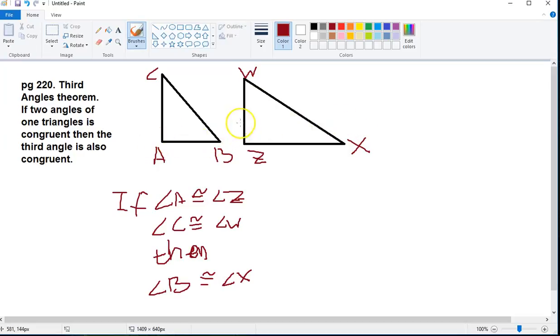If we have two angles that are the same measure, the third one must also be the same measure.